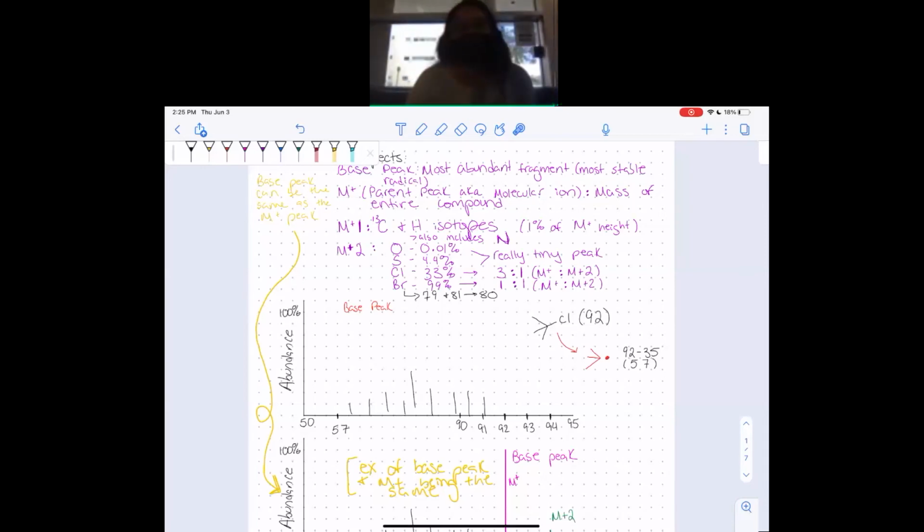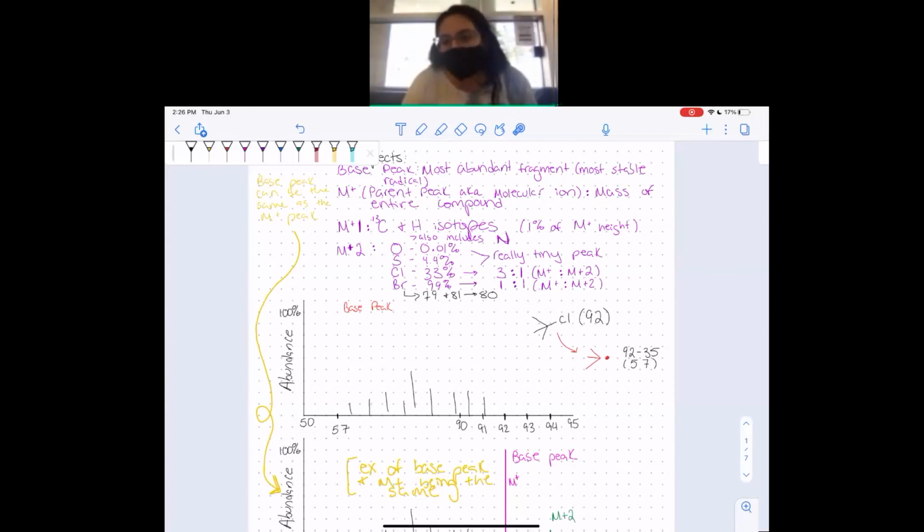On the periodic table, it says the mass of bromine is 80, but that's just an average of the two isotopes. So if he were to ask you what is the mass of the most abundant isotope of bromine, it's not 80. It's 79 and 81, and those two are found in equal abundance, pretty much.